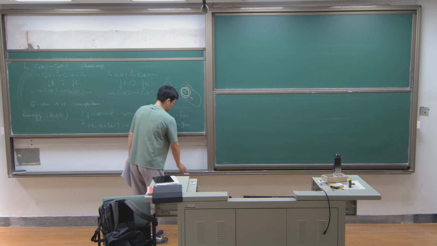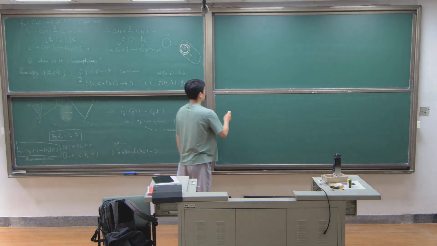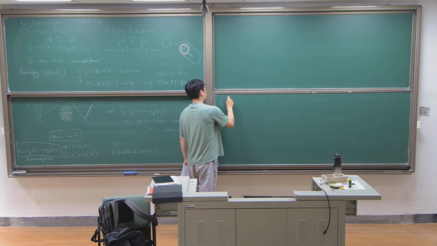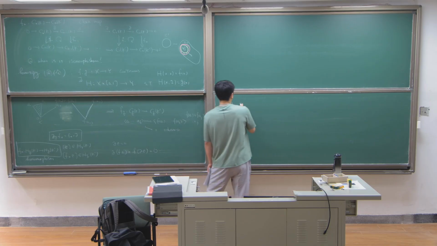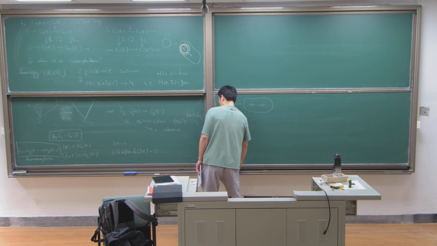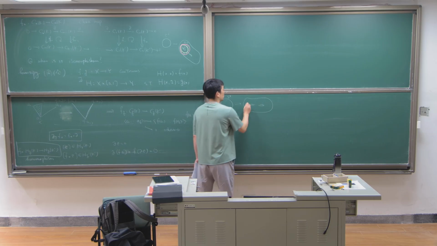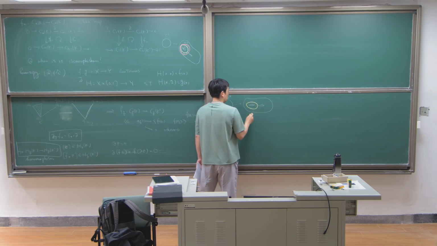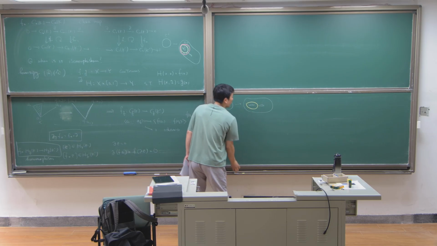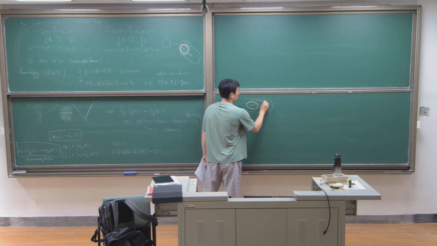However, if there is a situation something like S1, like this one, this is F, and G is something like this one.